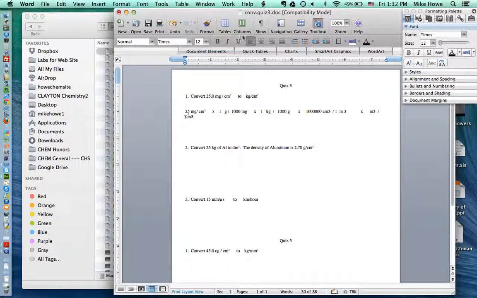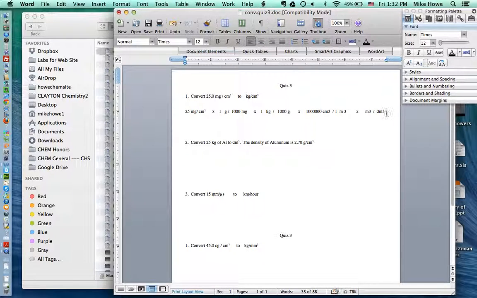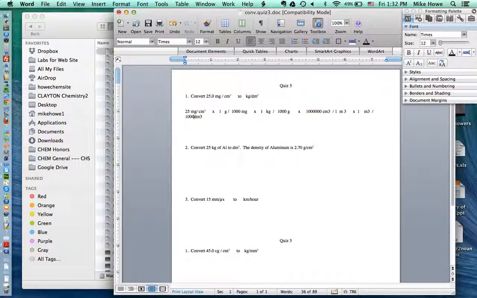And when we talk about cubic decimeters, 1 cubic meter, we'll keep them back on the same line, would equal 1,000 cubic decimeters. The reason for that is 1 cubic meter has 10 decimeters on the side, and 10 times 10 times 10 is 1,000. Shrink these back so we get them all on the same line.